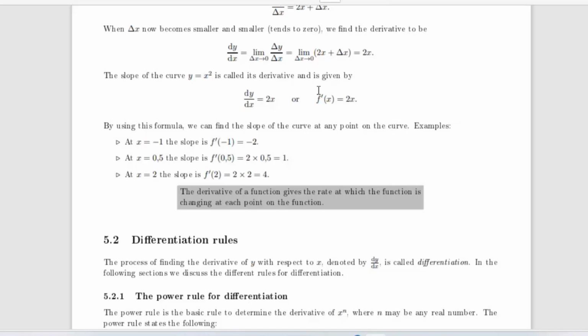Here is the derivative. Whether you write it in this way or in this way, it is the same thing. Whenever you see x, you put -1. Here, use this. Whenever you see x, put -1 and tell me what you get.